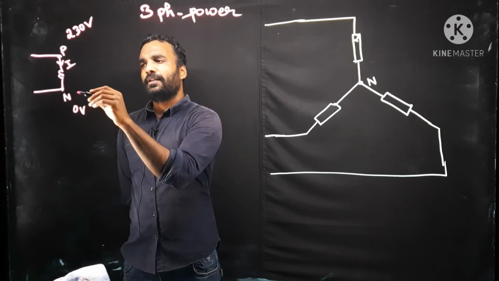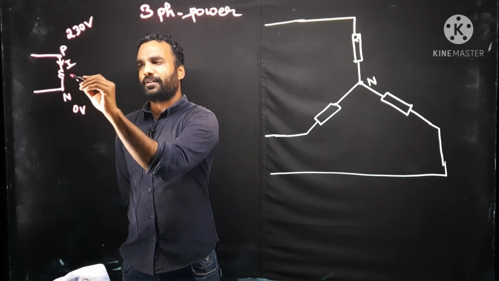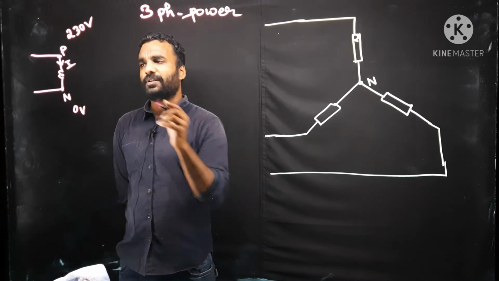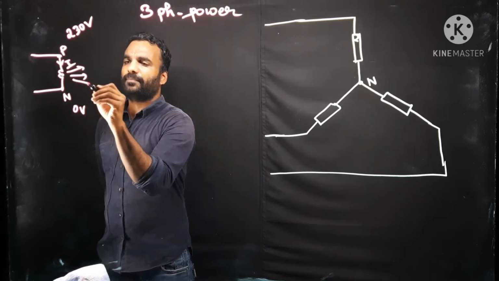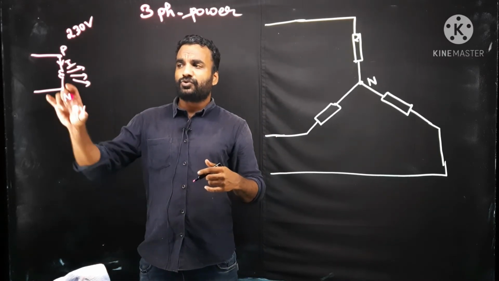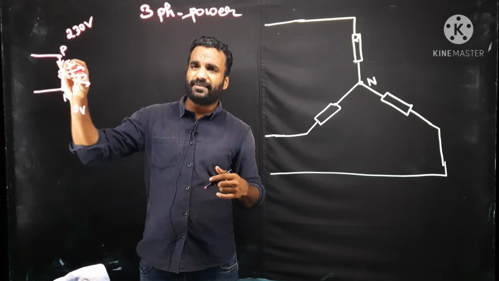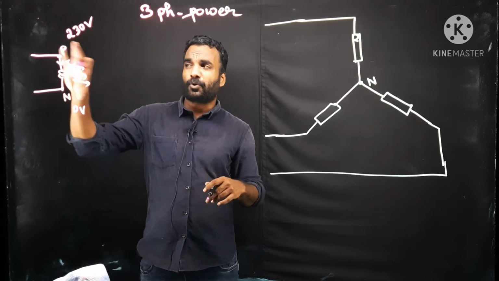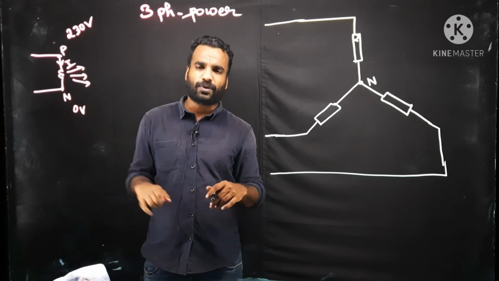As a result, an I into R voltage drop appears, and I square R power appears, so light will come. If it is a fan, it will rotate. So what is the thing that makes the device work? That is the potential difference between phase and neutral.